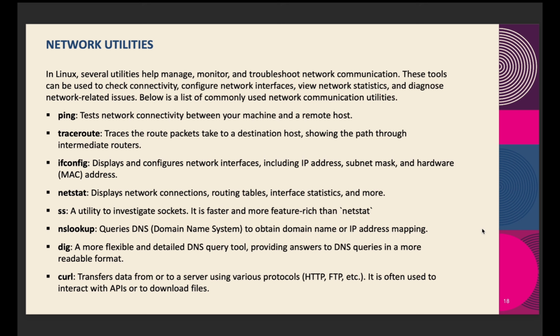Netstat displays network connections, routing tables, interface statistics, and many more. Netstat is also useful to check the connectivity between two hosts. It will list if there is a delay in loading a web page, or if the page has an intermittent network connectivity issue.